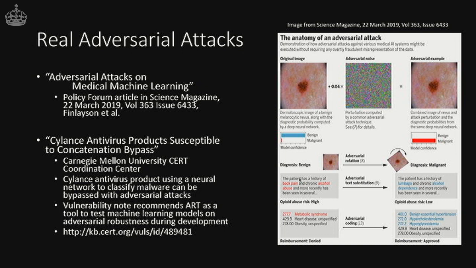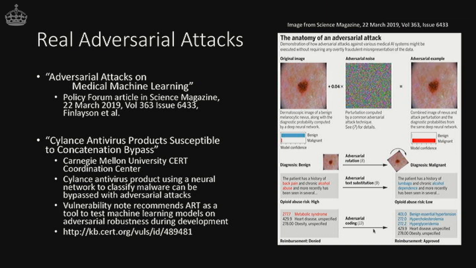Similar attacks have been demonstrated on text. So for example, in the case of a text classifier, the idea would be that if you use more negative terms to describe a disease or a condition of a patient, it would classify it as a high opioid abuse risk, whereas if you use more positive or more technical terms in the description, it might lead the classifier to a more positive classification of the opioid abuse risk.